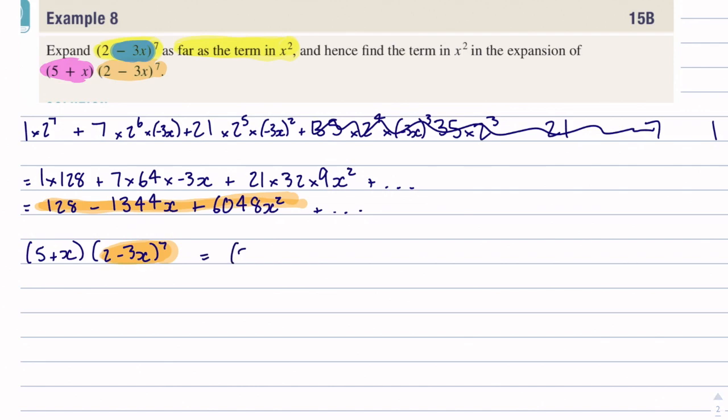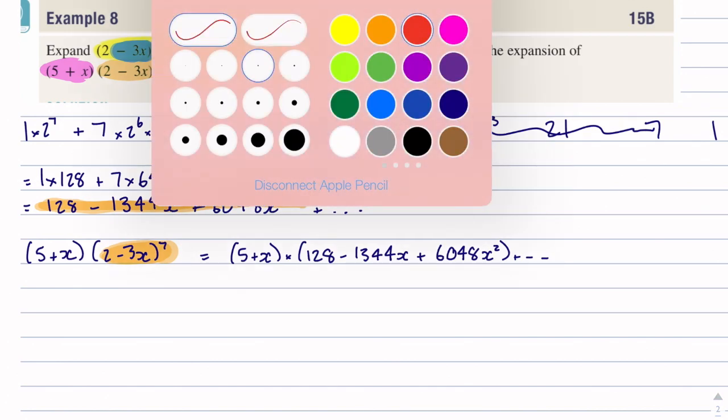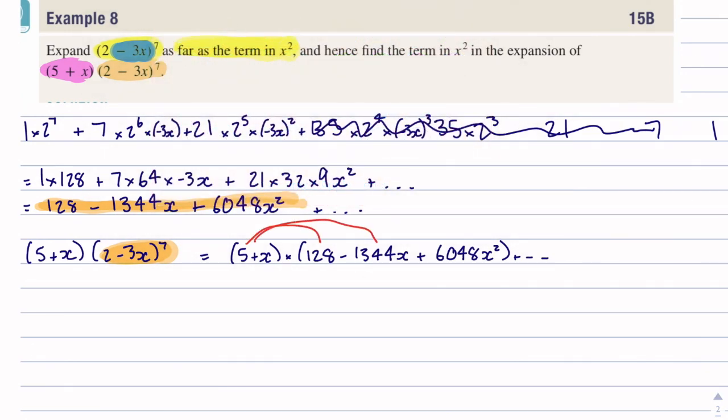So that's going to be 5 plus x times 128 take 1344x plus 6048x squared plus whatever. So, you know the drill: that times that, that times that, that times that. We're only after the term in x squared though, so you may be able to think of a quicker way to do this already than what I'm going to do.